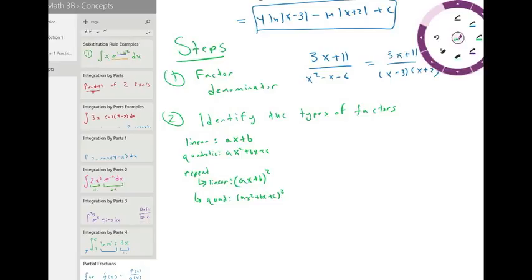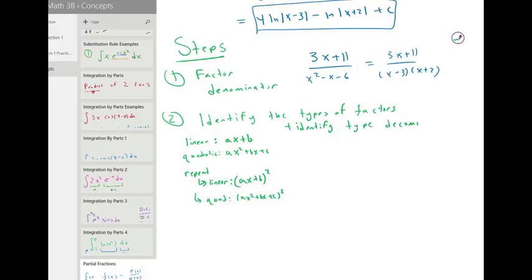And we need to look at the type of decomposition term we're going to get for those. Let me move all this down a little bit to get some more room.